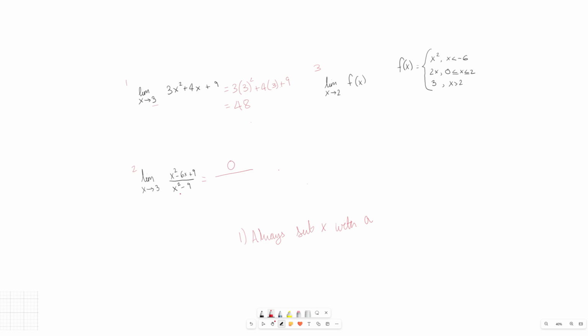If you do that for the bottom, that would also add up to 0. 0 over 0.